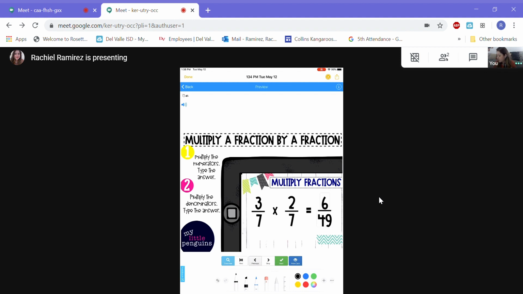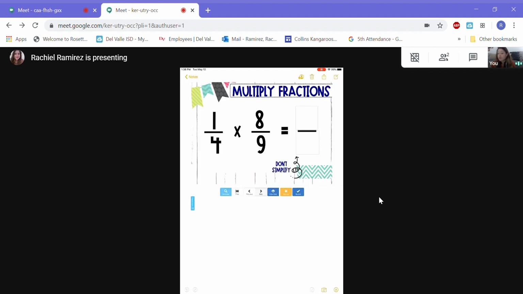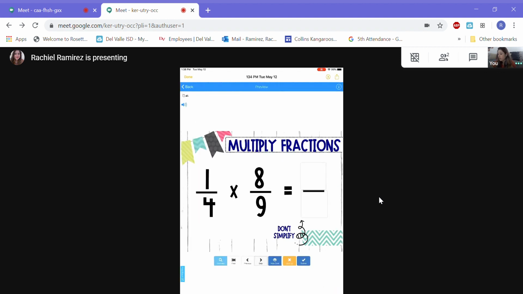So I am going to switch it over to the first question. It says 1/4 times 8/9. So I'm going to go ahead and get my pen, change color. So let's look here.